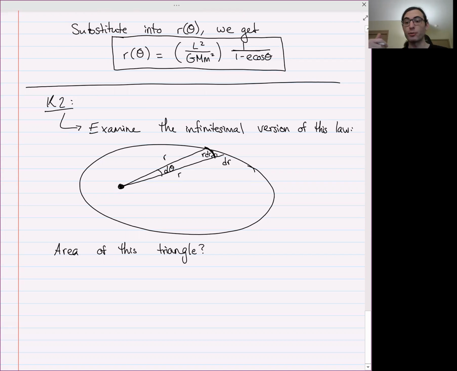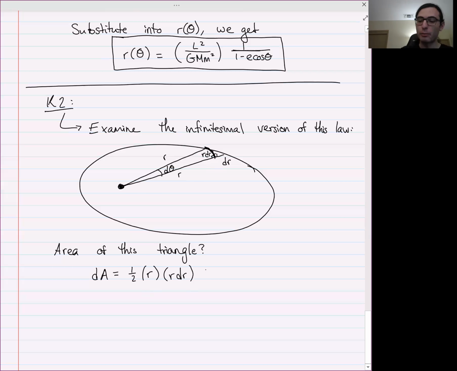And so we can just multiply base times height for both of these two tiny triangles, and then add them up. So dA, the infinitesimal amount of area that this whole arc traces out, would be equal to 1/2. Let's do the big triangle first. The base is r, that's the base of our triangle. So 1/2 times r times the height, and the height is that little arc, r d theta. Sorry, that's not r dr, that's r d theta. It's an arc length, right?